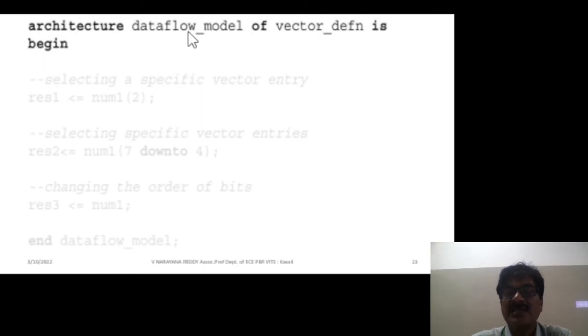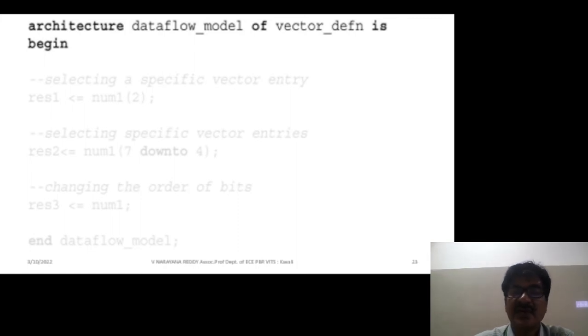Here the name is data flow underscore model of, this is the entity name. In the previous slide we have seen the entity name for the given digital system, that is vector definition, is. Then begin. Directly begin means there are no internal declarations, that's why directly begin they have written.